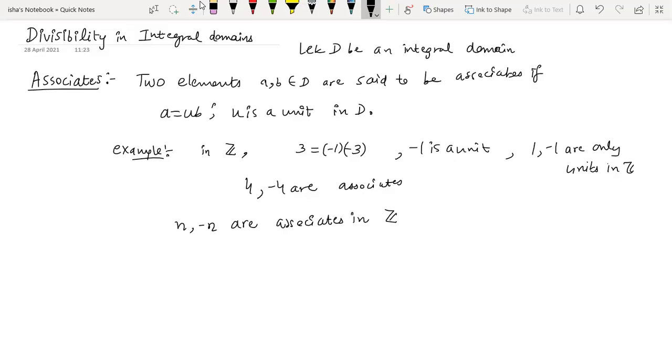Since our underlying domain is an integral domain, it definitely contains a unity element. So this will be true for every integral domain.